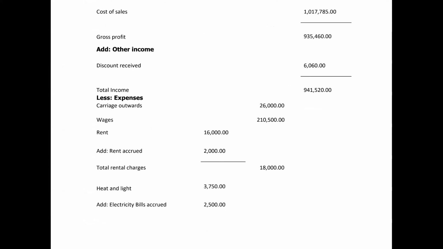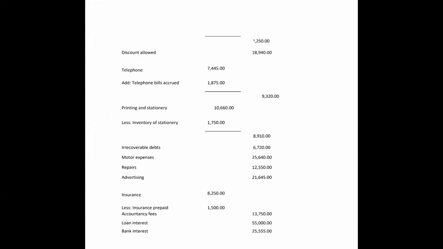So you add that. Total rent charges is that. Heating and lighting plus accrued bills, electricity. Remember that one I told you? You add that, you get that. Then the discount allowed, you've seen now where it comes. It's an expense.